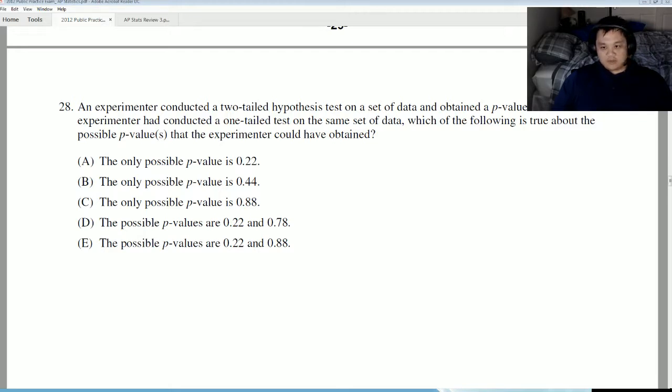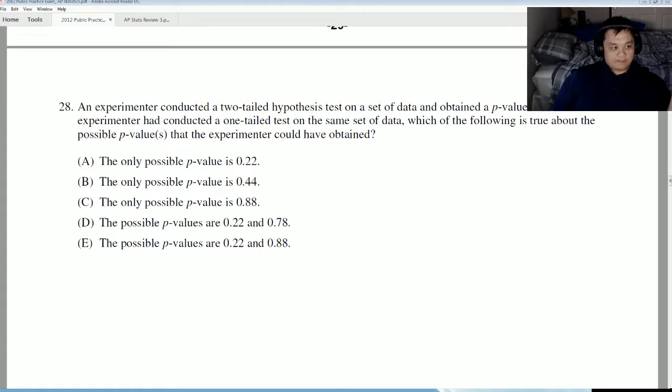If it's one tail, it's 0.22. Wait, why is the one tail 0.22? A p-value of 0.44 was conducted, and the experiment was conducted on one tail. Which of the following is true for the p-value? Hold on. So if it's two tail, it would be 0.22 on both ends, correct?